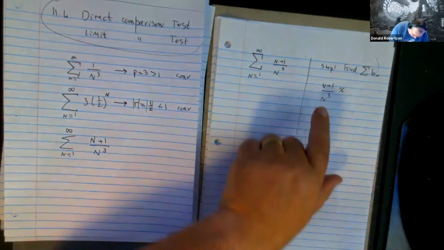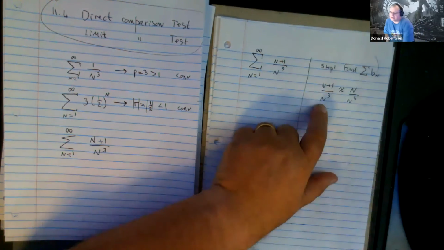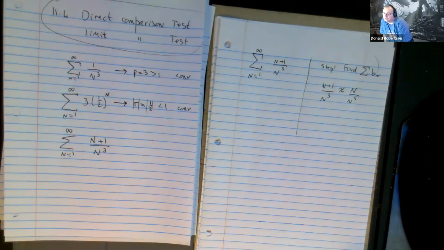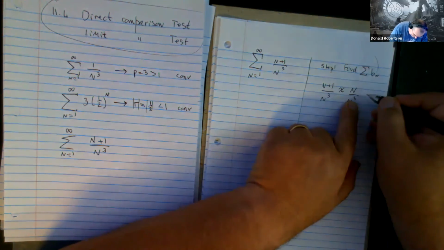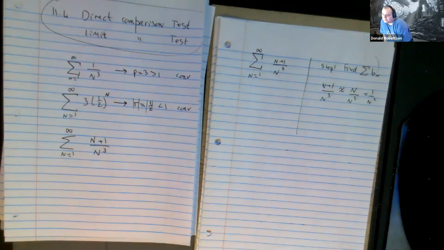Would you agree that this approximately behaves like that? Would that seem reasonable? I mean, if n is a billion, would you agree 1 billion and 1 over 1 billion cubed and 1 billion over 1 billion cubed, they're not that different, right? They're very similar. They behave the same. And isn't that 1 over n squared? You with me so far?